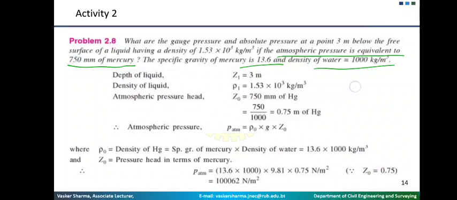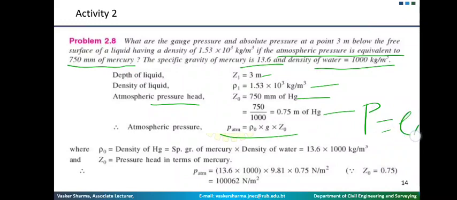So we are asked to find the gauge pressure and absolute pressure at 3 meters. So Z1 is this one, and density is already given. The atmospheric pressure head Z0 is 750 mm Hg, so you convert it into meters, 0.75 m Hg. Atmospheric pressure, as we already saw, is P = rho g Z, so rho naught g Z naught.